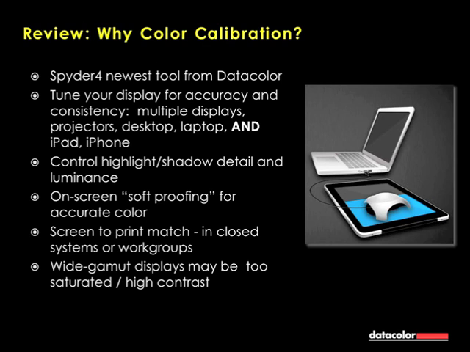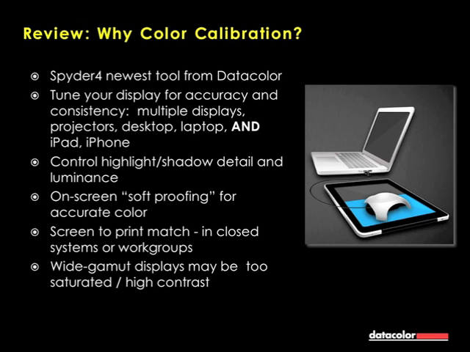And in particular, recently developed wide gamut displays, when I say recently, the last few years, have become more affordable lately. Wide gamut displays may in particular be too saturated and high contrast out of the box. They're really high-powered devices. They kind of need a leash to really be usable, and the Spyder 4 is just a ticket for that. So color calibration is the key to success in soft proofing.